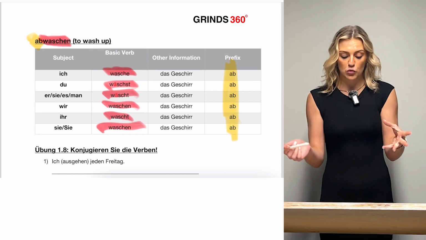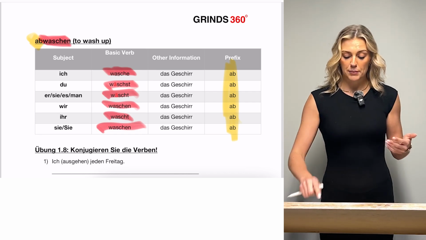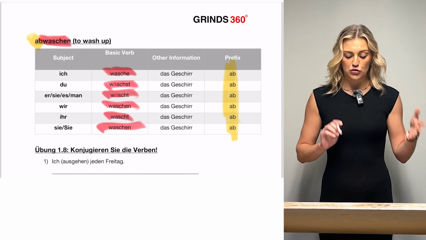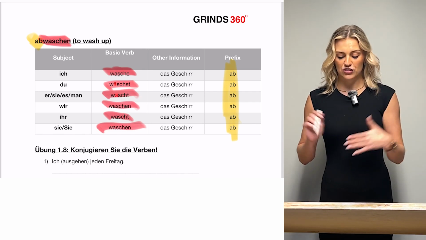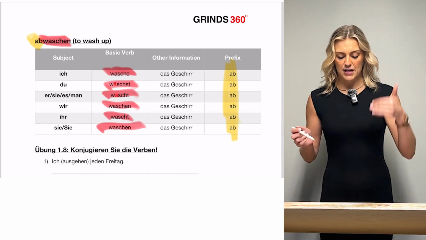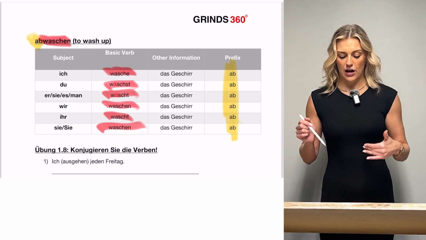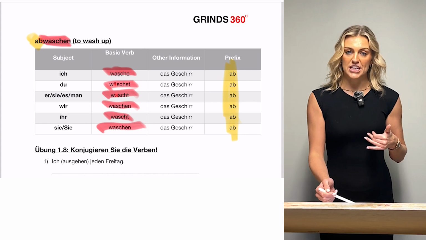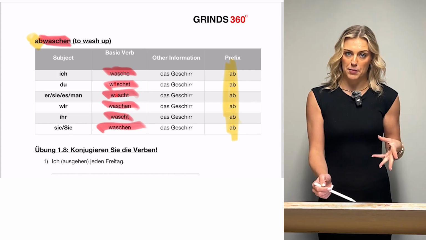It's treated as I would normally, so it's irregular, which means it gets a root change for du, sie, es, man. As you can see here, du wäschst das Geschirr ab, you wash up the dishes, sie, es, man wäscht das Geschirr ab, he, she, it, one washes up the dishes. So you keep your root change even if it's part of a separable or inseparable verb.